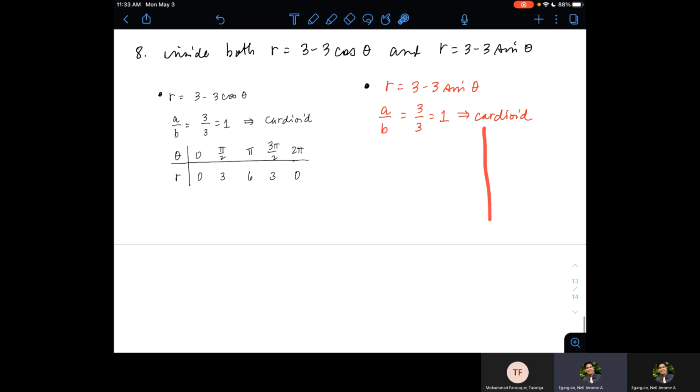So that means our cardioid will look like this, something like that. All right. Now again, to have a better sketch of the graph, let's have some points on the cardioid. So that is, we just evaluate the quadrantal angles.